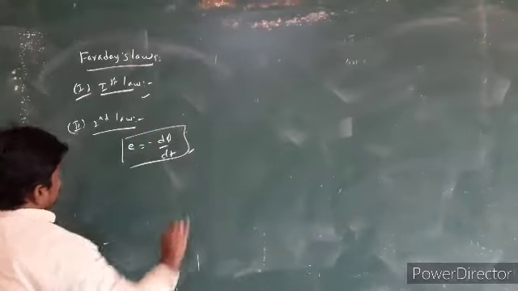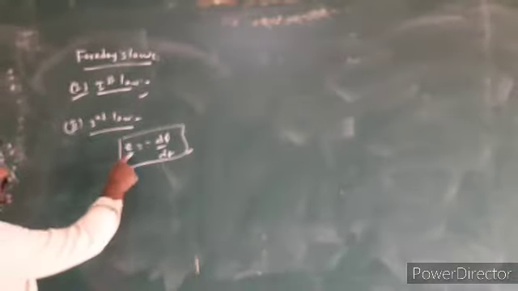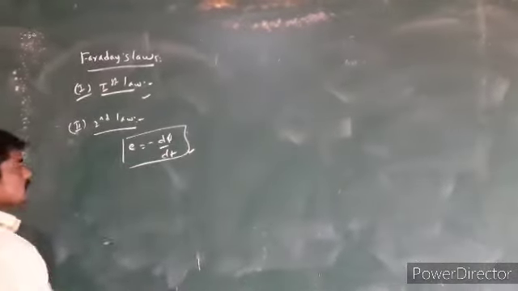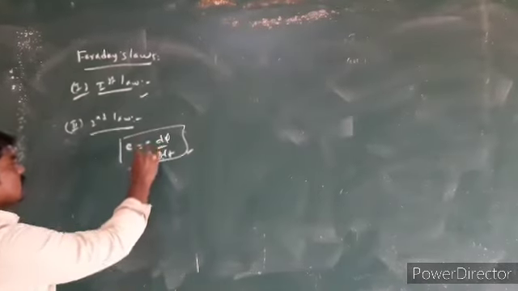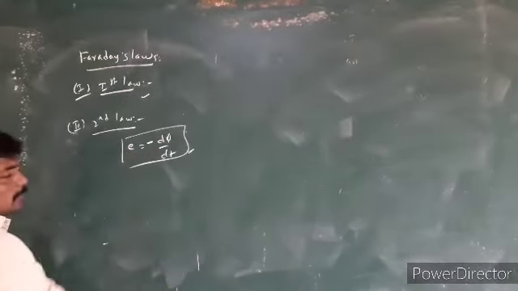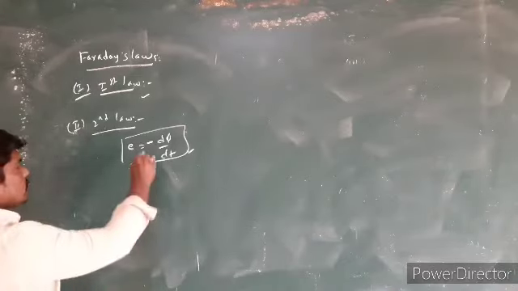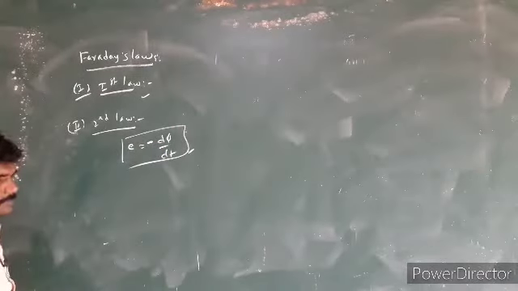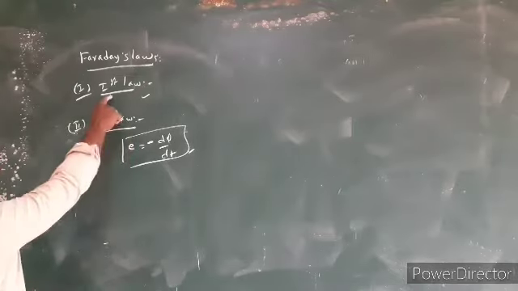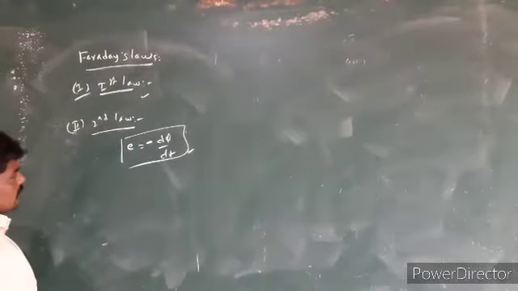This is the mathematical form of Faraday's second law. The induced EMF in a coil is equal to the negative rate of change of flux. Here, the negative symbol means the EMF opposes the change of flux. That's why we are using the negative symbol. This is Faraday's first law and Faraday's second law.